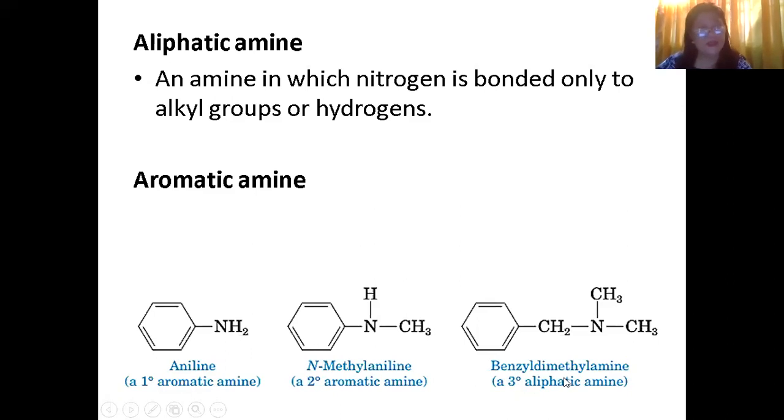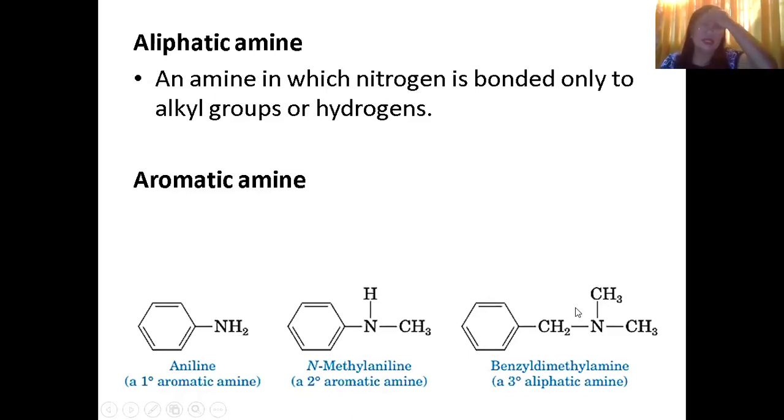And the third, a tertiary amine, wherein there are already 2 attached methyl groups in your amine. And this is the benzyl, right? Dimethyl, these two. Okay, dimethyl amine. The benzyl dimethyl amine. Benzyl, this one, and this is the dimethyl amine.